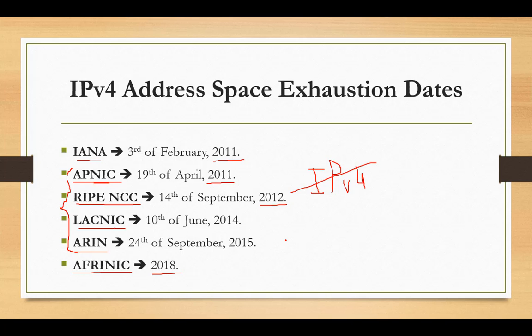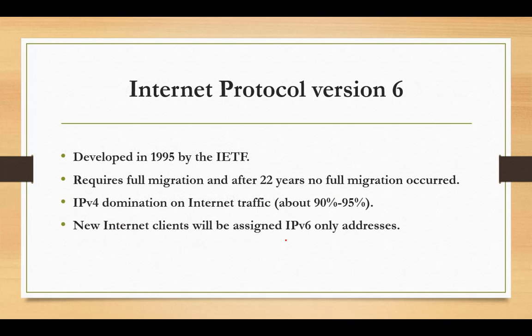If you ask for an IP address, you will be assigned an IPv6 address. IPv6 was developed in 1995 by the IETF, and to use IPv6 on the internet you have to migrate from v4 to v6.